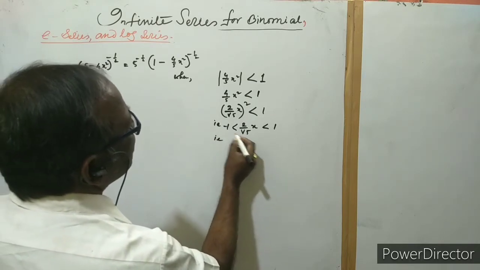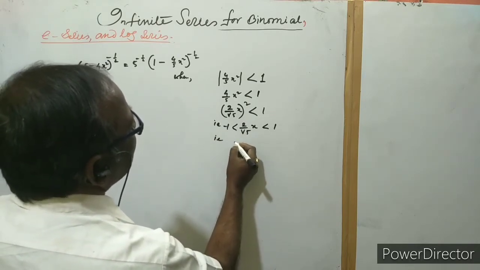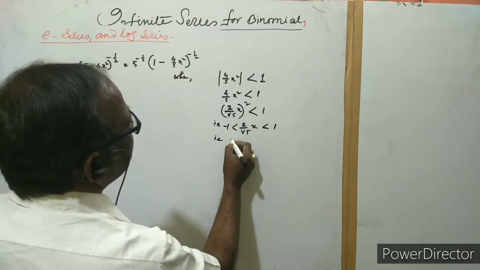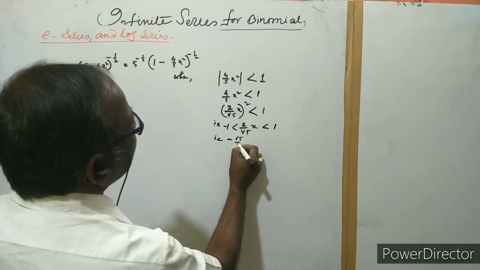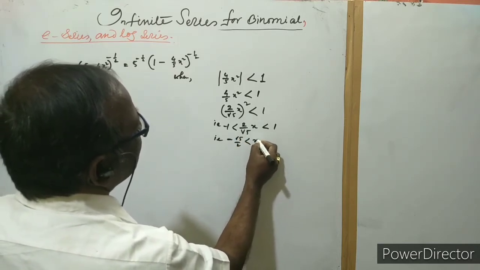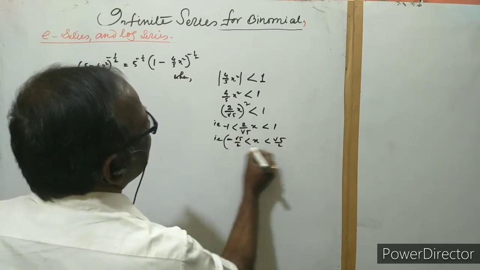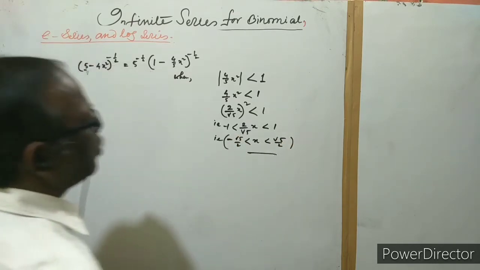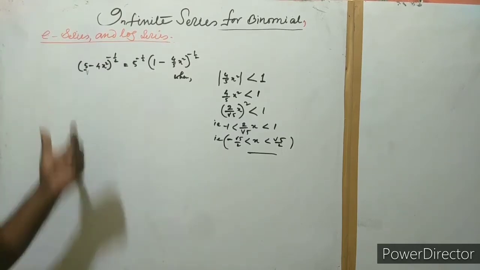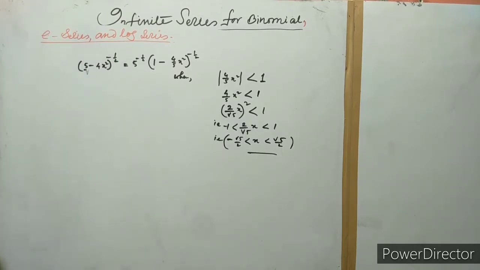So x lies between minus root 5 by 2 and root 5 by 2. In that domain we can expand this function. So this is a small discussion.